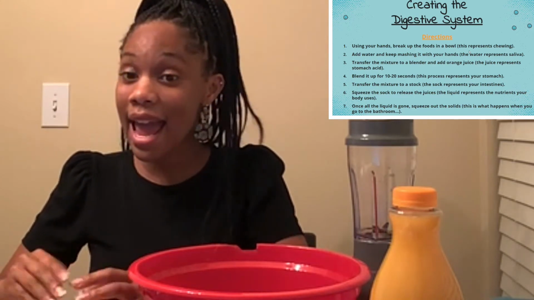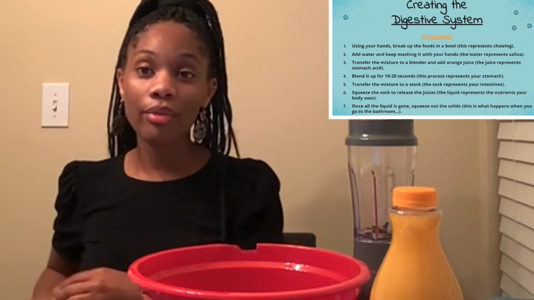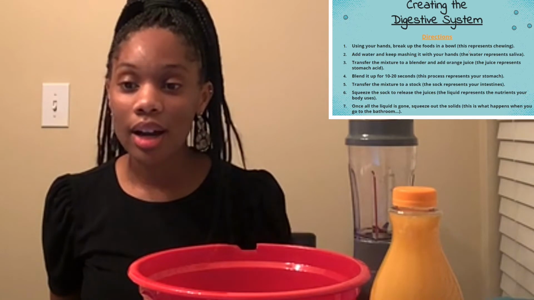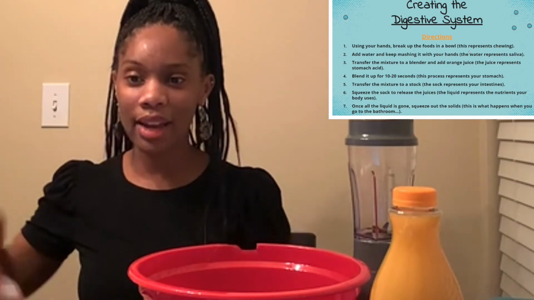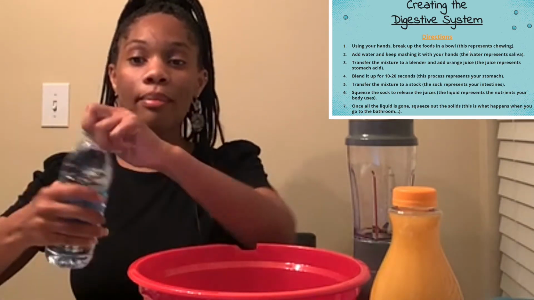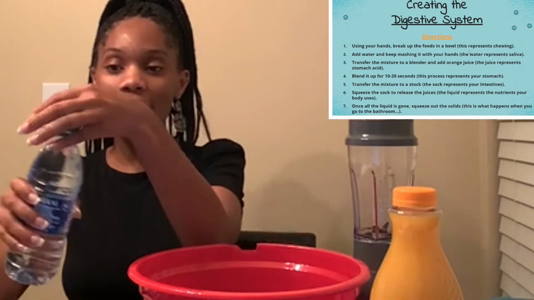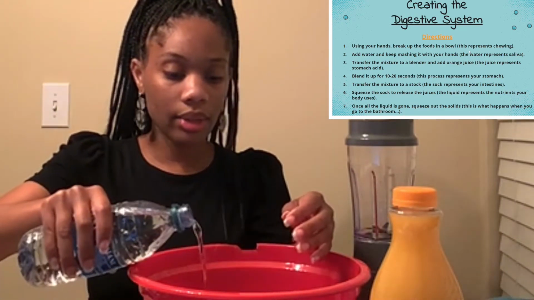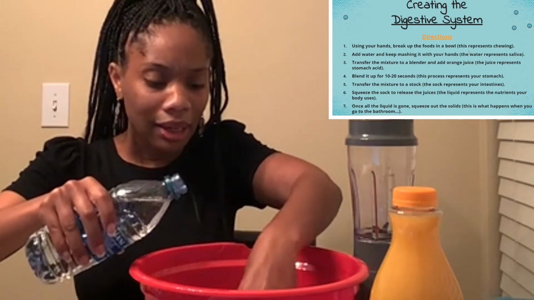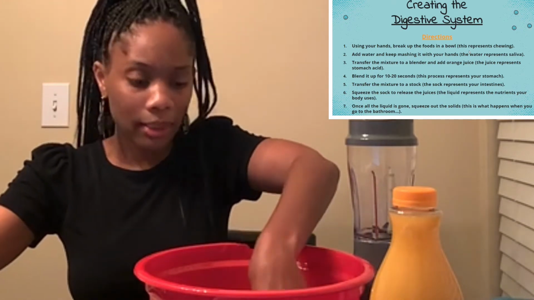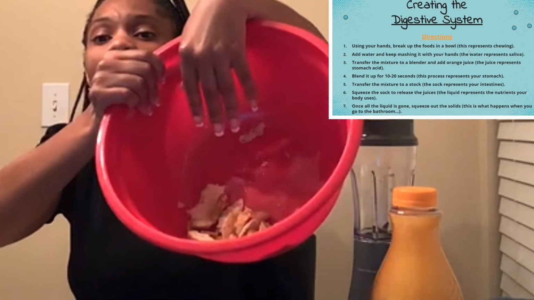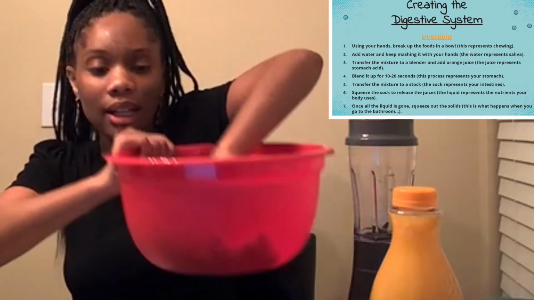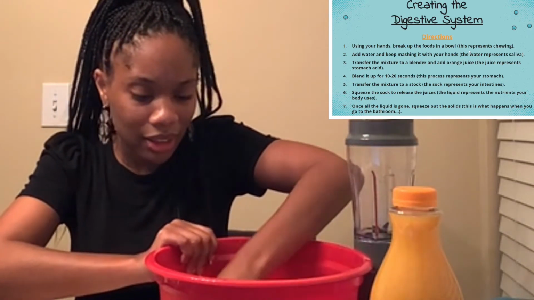Now we're going to add water, and we're going to mash the food with our hands. Okay, so we're going to add some water. I want you to be able to see what's happening in here. So if you can see, it is all mushed up, and I am mushing it up just a little bit more.